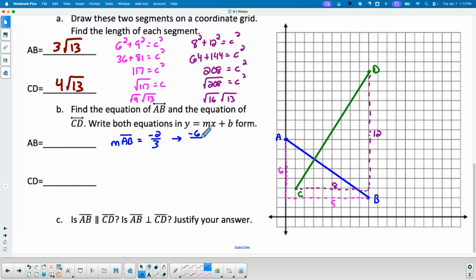We ran 9, rise over run, that simplifies to negative 2/3. I would agree with that. What is the y-intercept for line segment AB? It's what? 8. Yep, 0, 8 is the point, so b is 8. So the equation of line AB would be y equals negative 2/3 x plus 8.